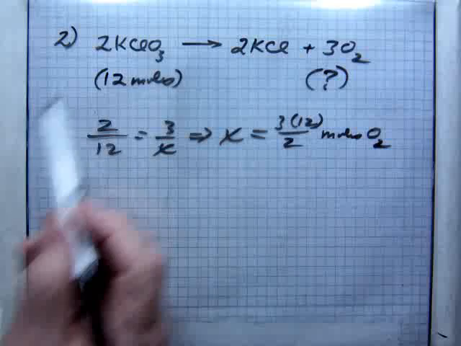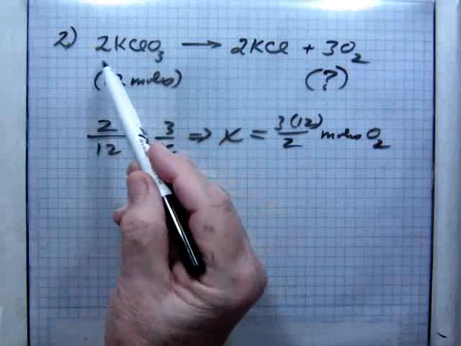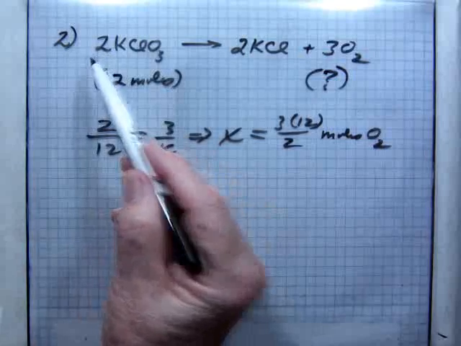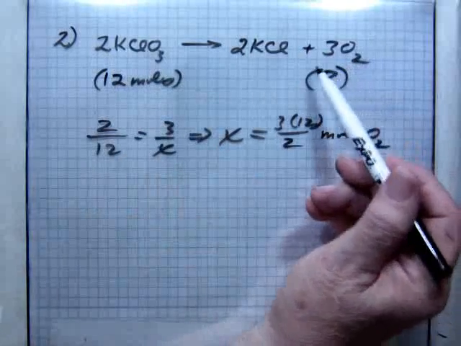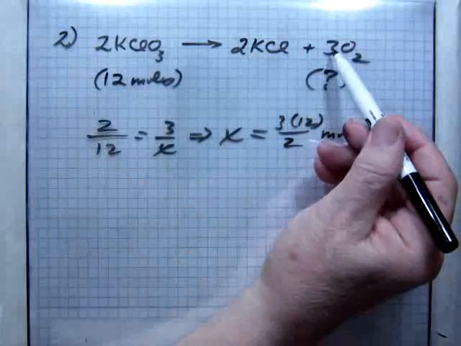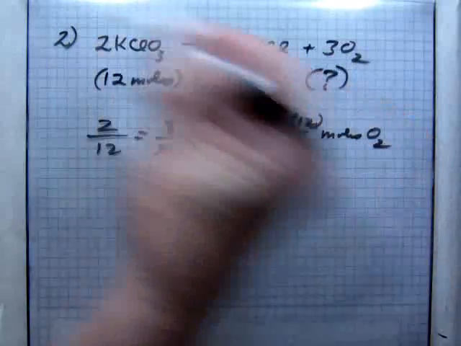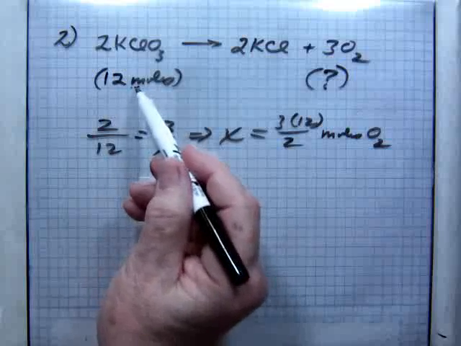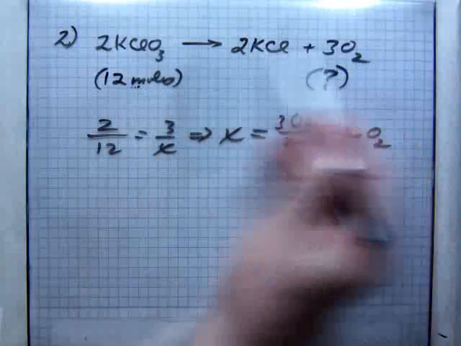Or you can just simply look at this. All right, you got KClO3. What's the coefficient? 2. What's the coefficient of O2? 3. 3 is a bigger number than 2, right? So you would take the ratio of those numbers times whatever the 12 moles is, because you need to scale this up to a bigger number. You need to go 3 halves of 12.